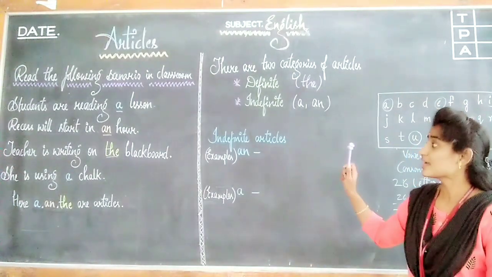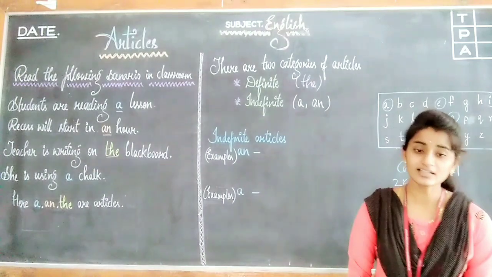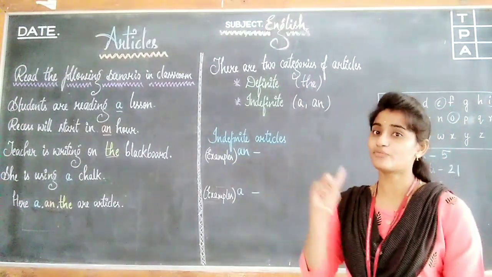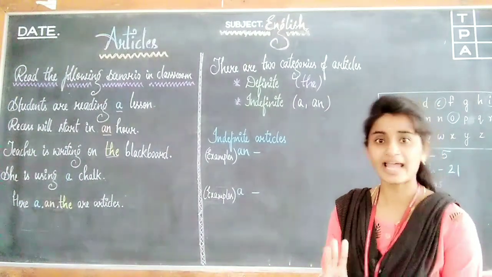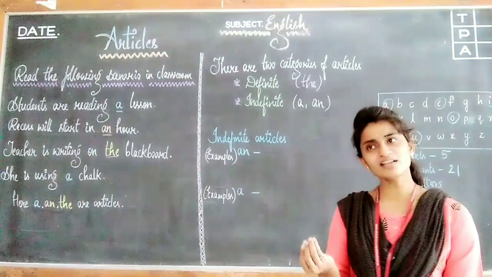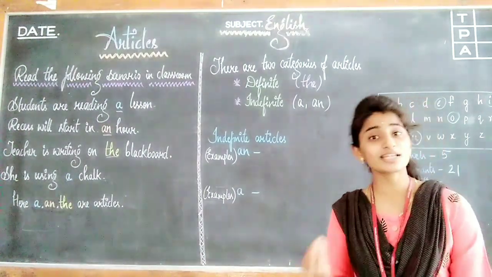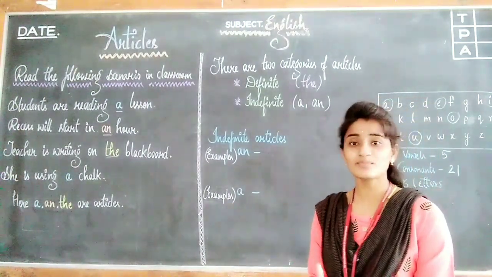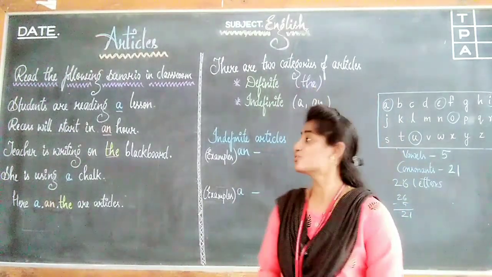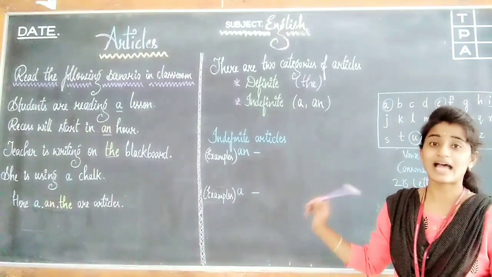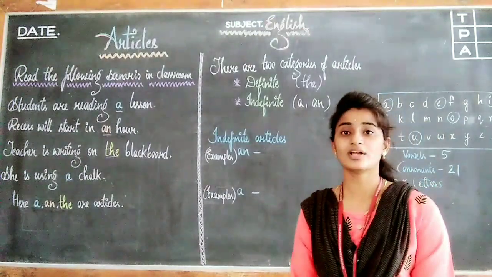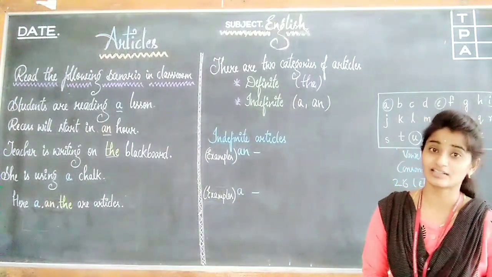It is used for singulars, like one thing, one object or one atom. So we are using it for singular things. Does singular come under countable noun or uncountable noun, children? It comes under countable nouns because one can be counted. So the indefinite article an is used before a common noun, which is used for singulars.